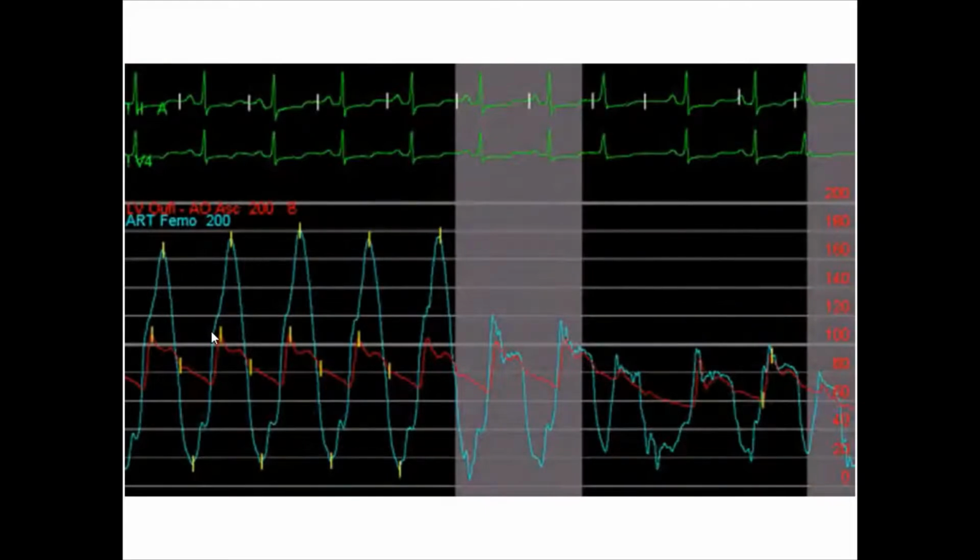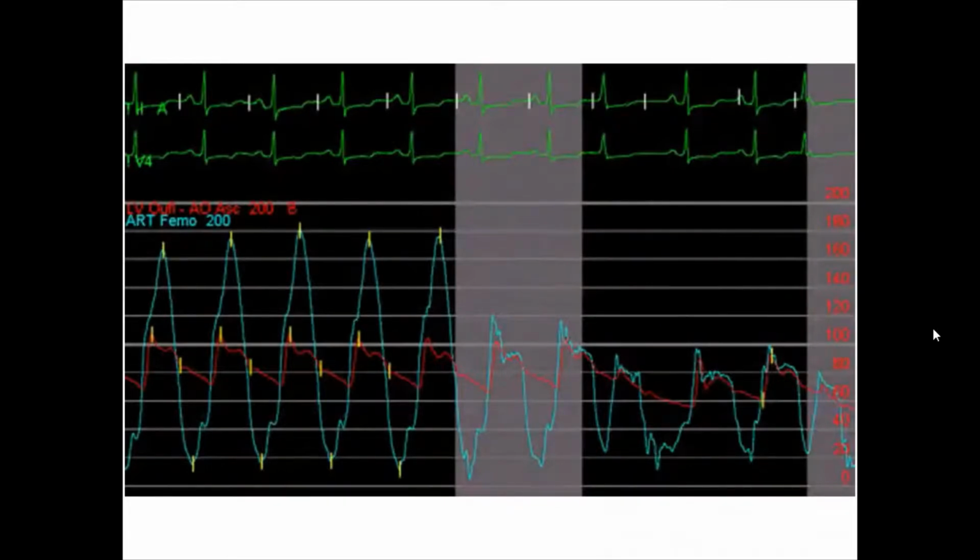So in the LV cavity, there is a systolic gradient between the LV and the aorta. When we reach the LVOT, what happened? The gradient drops. No gradient. So in the subaortic area or in the LVOT, there is no gradient, or there is a reduction in the systolic gradient between the LV and aorta.